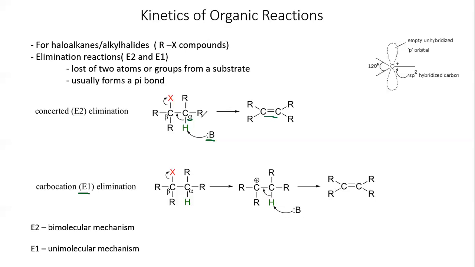E1 typically is for tertiary alkyl halides because they can't undergo E2. So typically E1 is with your tertiary. The other ones generally are E2. And by the way, when we go over a chart in a little bit, you see most of these reactions, if you use a strong base, strong nucleophile, undergo E2 process.